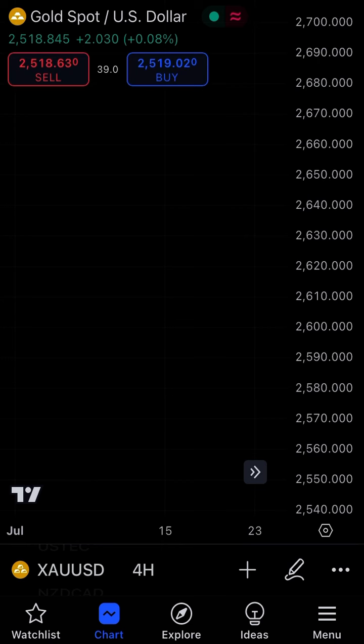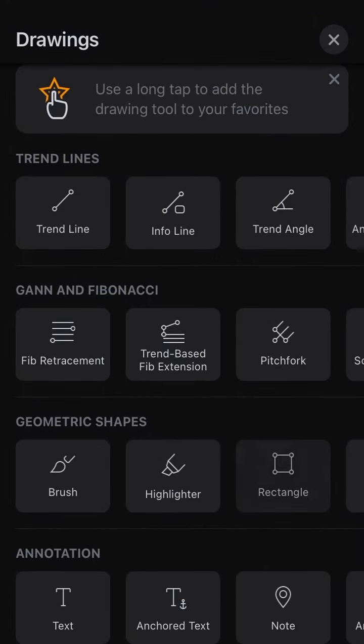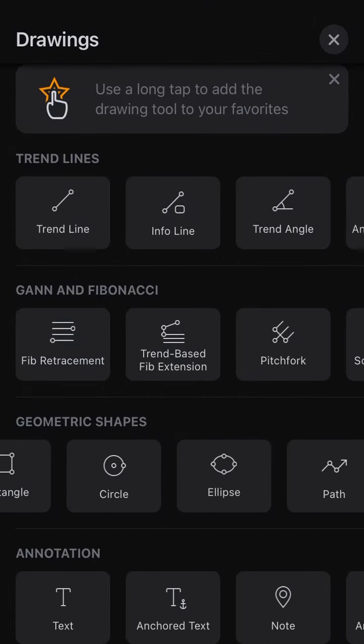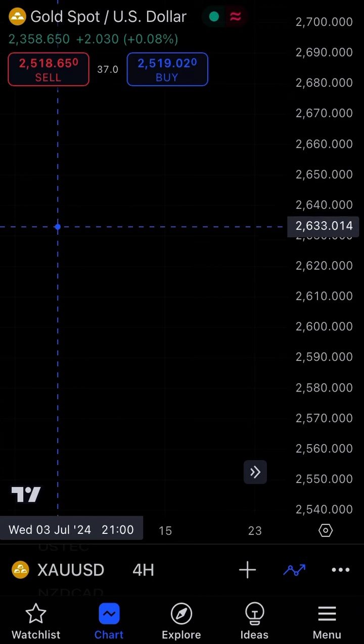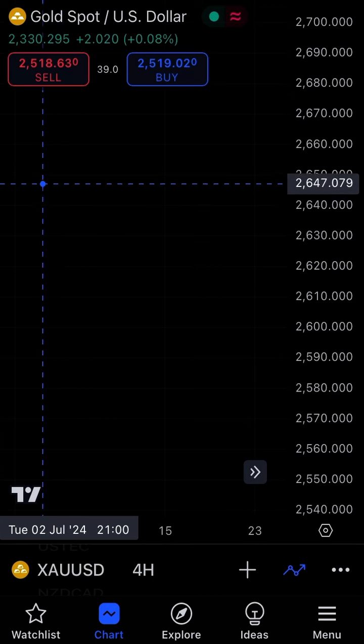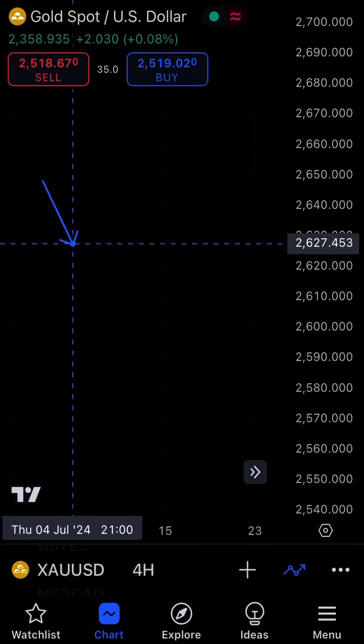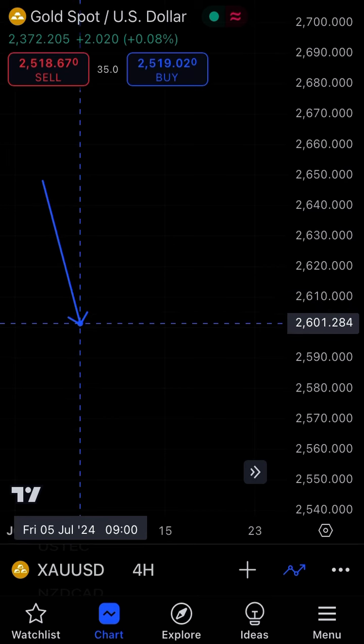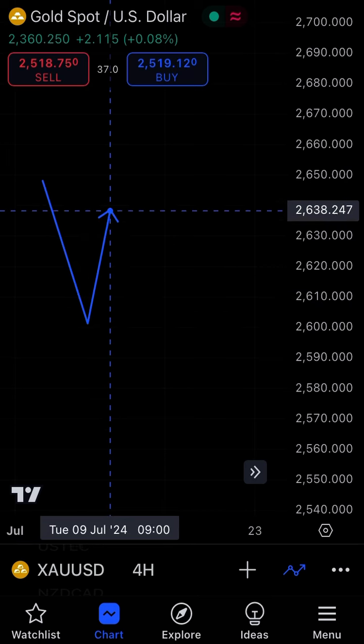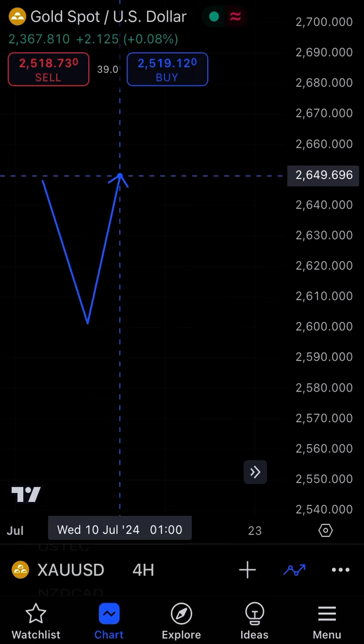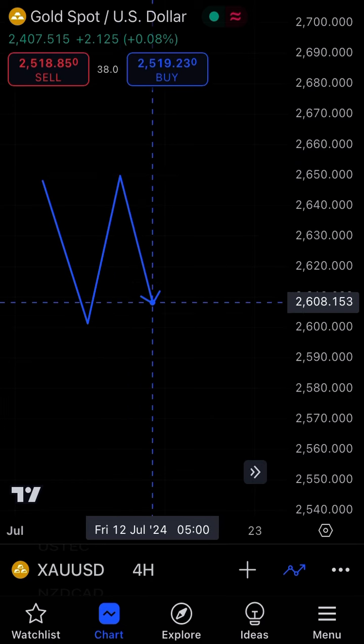Okay, so for example, let me draw a chart. So now let's say, for example, the market comes down and then goes up and then the market sells.